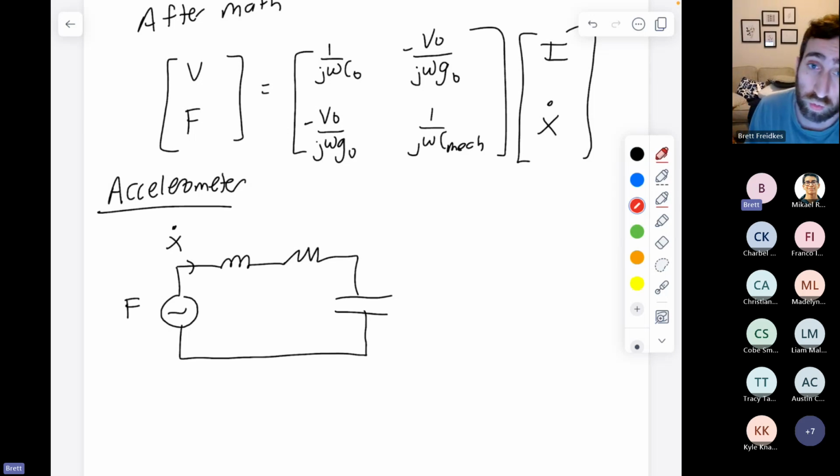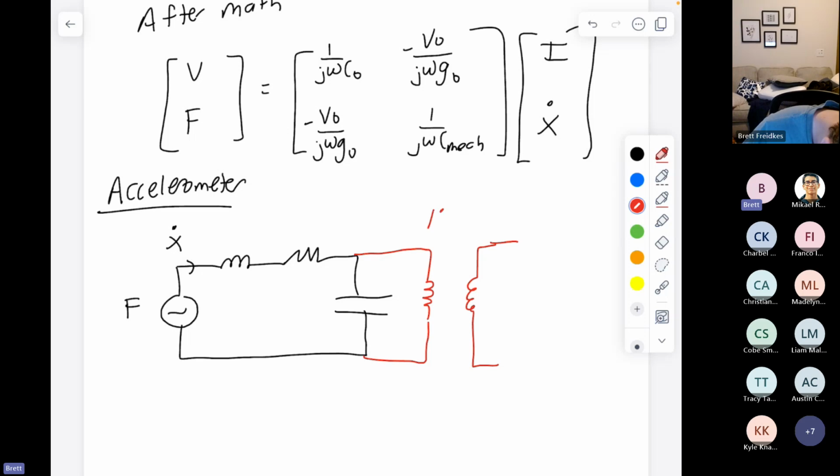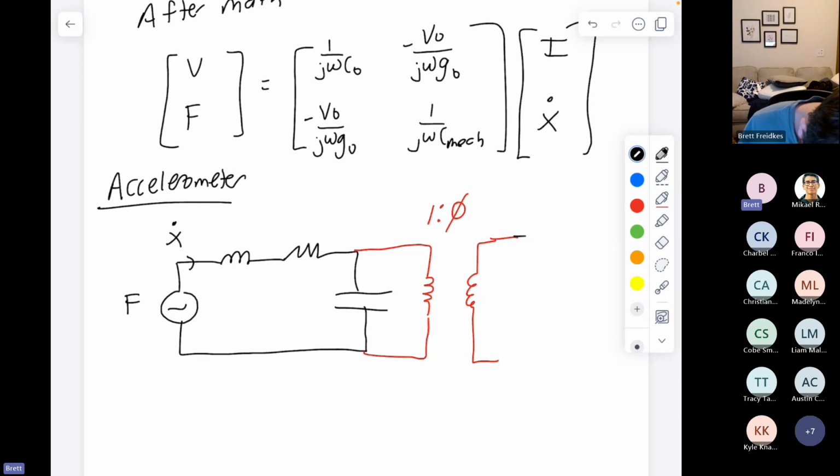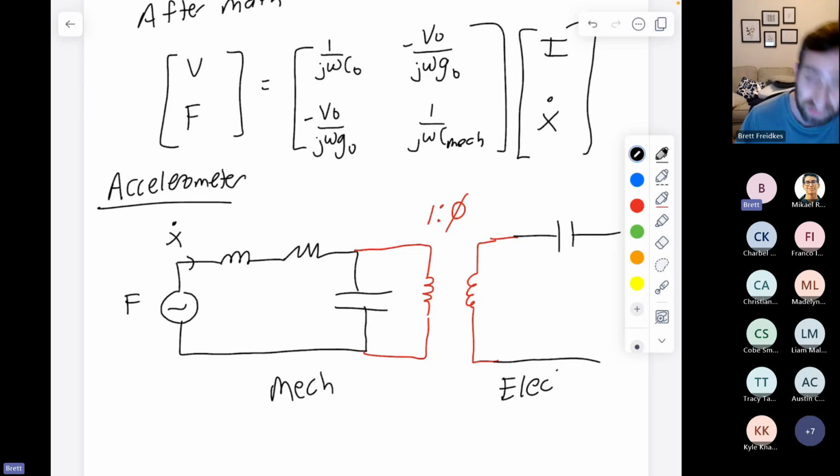What we would do ultimately, and I showed this in the notes, is that if you were to put a transformer across this, with a very specific turns ratio, you can go from the mechanical domain to the electrical domain.